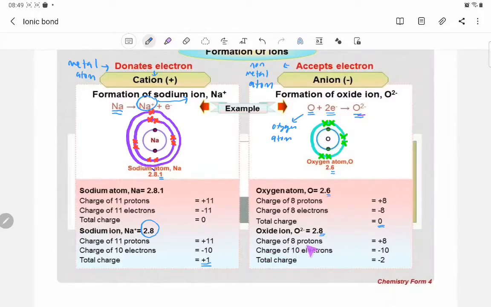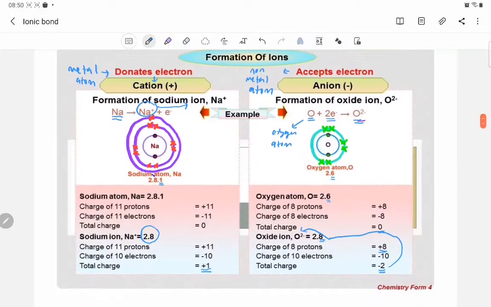The charge of 8 protons equals positive 8, so it still remains the same as the oxygen atom. The charge of 10 electrons is equal to negative 10. So the total charge that we get is negative 2. So that's why oxide ion is negative 2, since it receives or accepts 2 electrons.